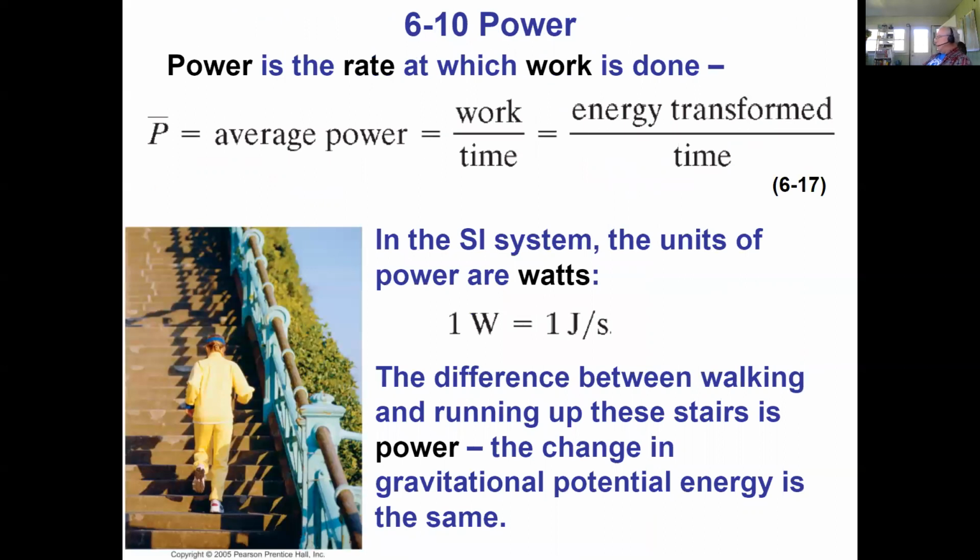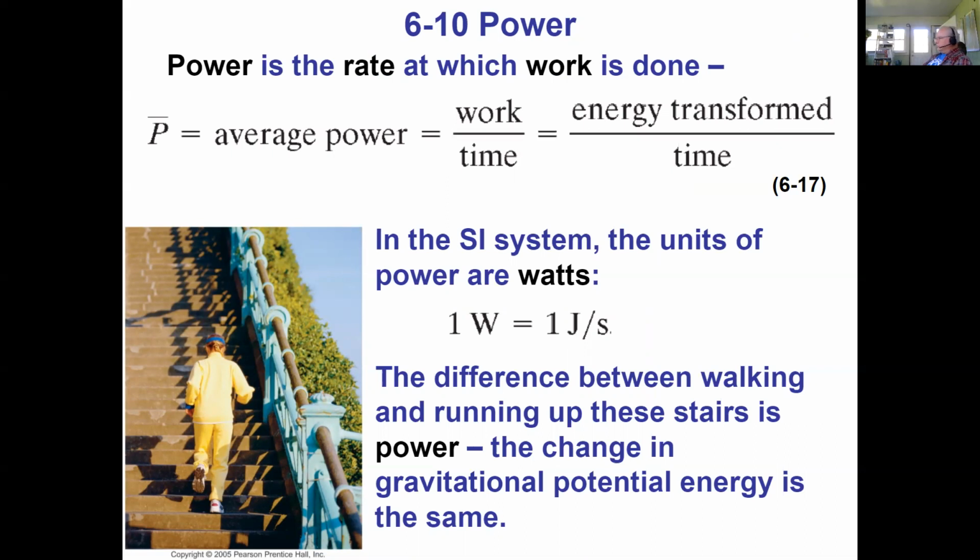Power is the last topic for this chapter, and that's the rate at which work is done. And not necessarily work is done, but the rate at which energy is transformed from one system to another. So if we think about power, a lot of us think about cars, vehicles. A typical way of rating vehicles is how much time it takes them to go from 0 to 60.